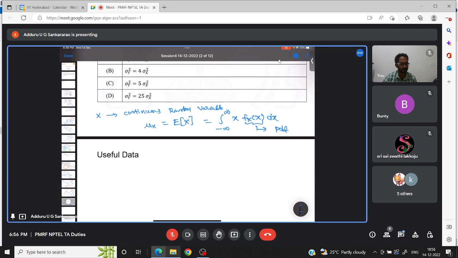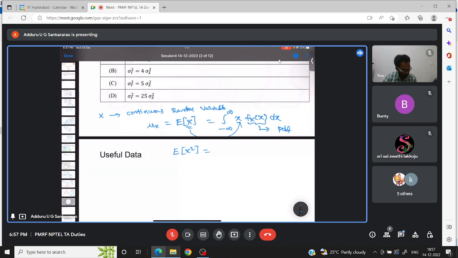Similarly, this is the mean or first moment, expectation of x. Expectation of x square is the integral from minus infinity to infinity of x square into fx of x dx. This is the second moment.